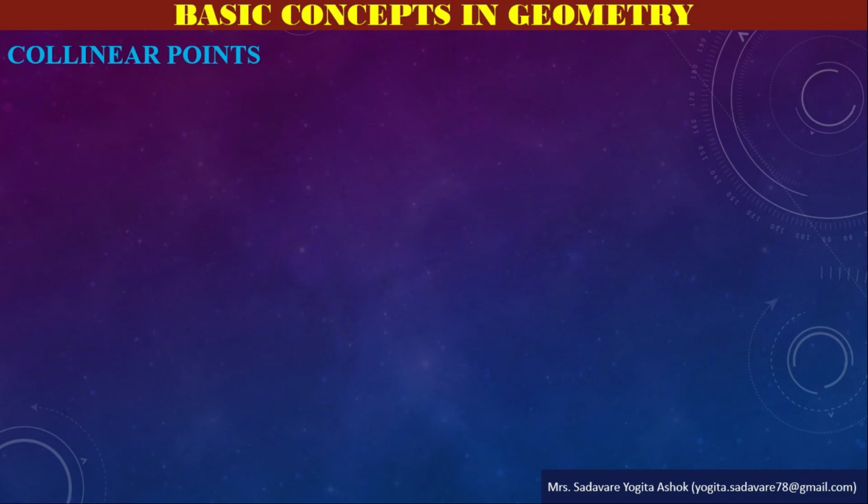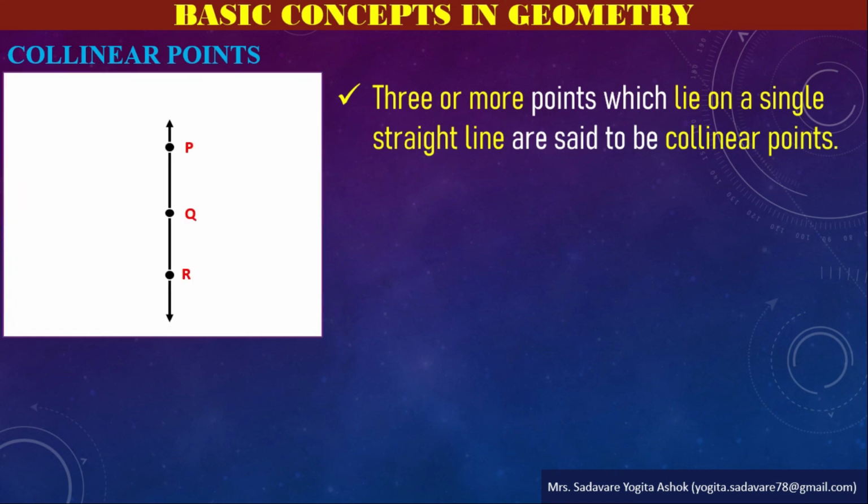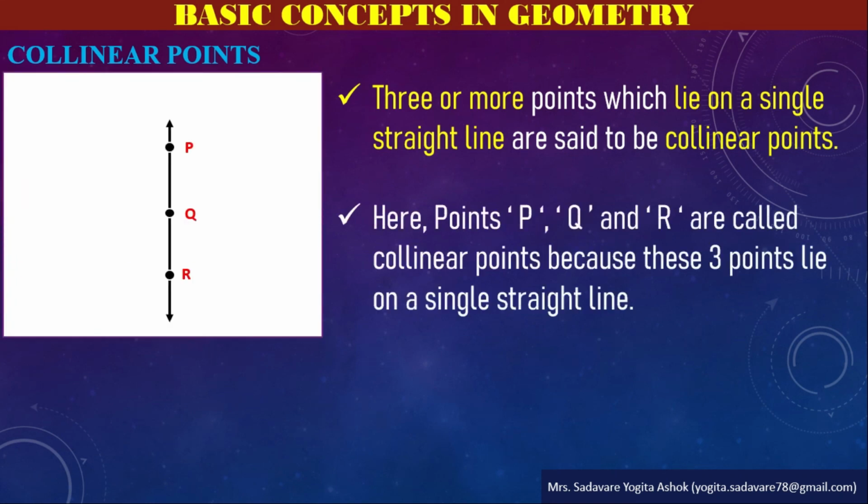Here we will see collinear points. 3 or more points which lie on a single straight line are said to be collinear points. Here points P, Q and R are called collinear points because these 3 points lie on a single straight line.